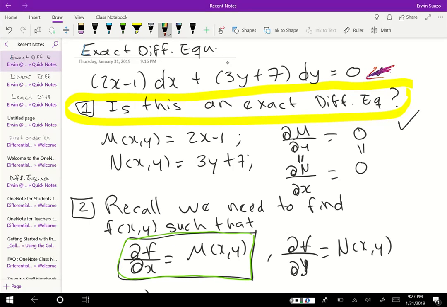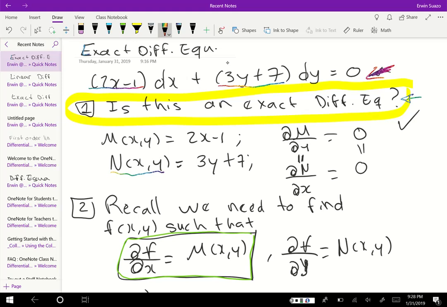First thing we need to do is verify if this is an exact differential equation. So for an exact differential equation, we need to check if this part that we call M of xy and this other part N of xy satisfy the property of being exact.